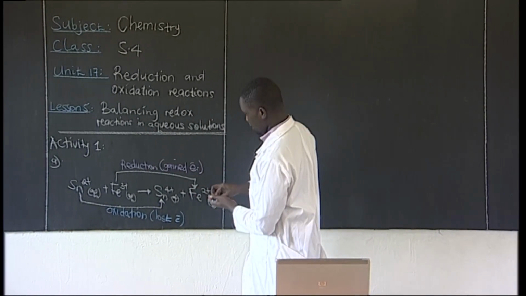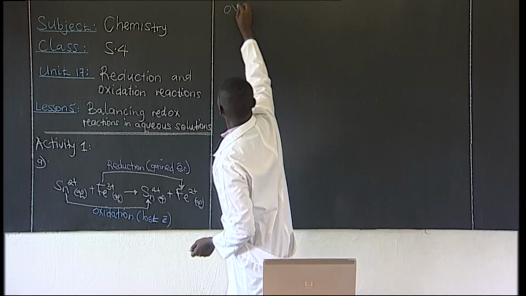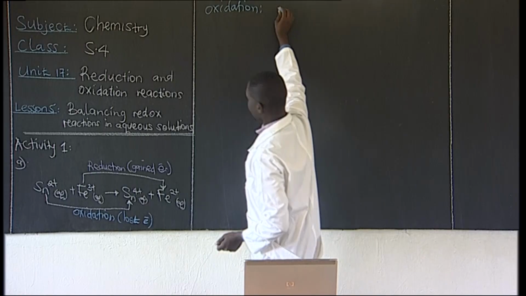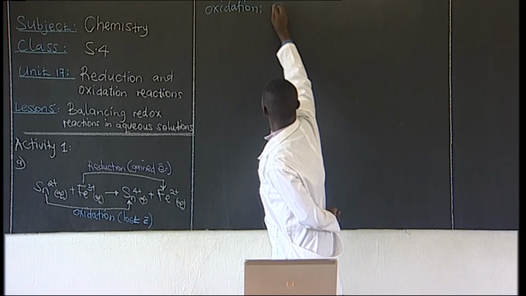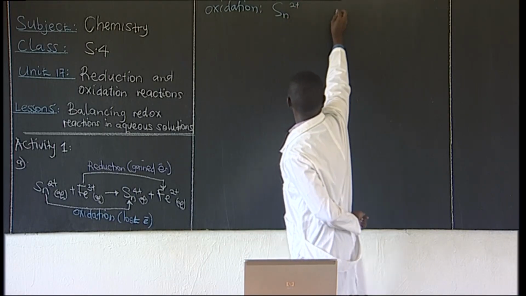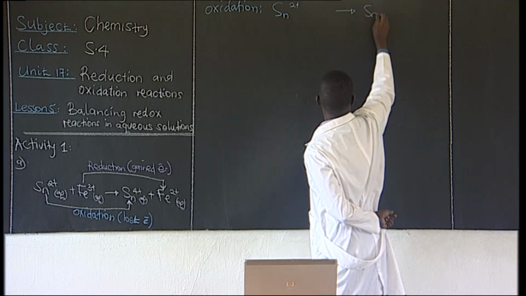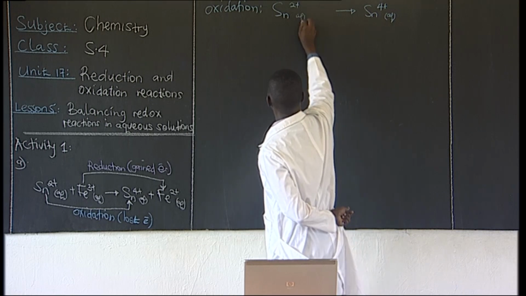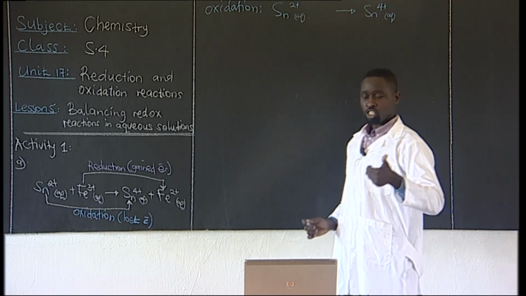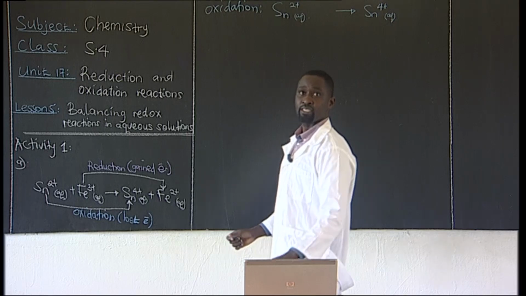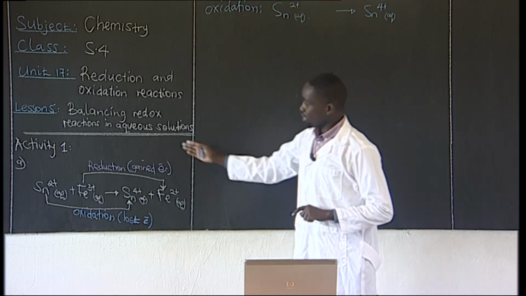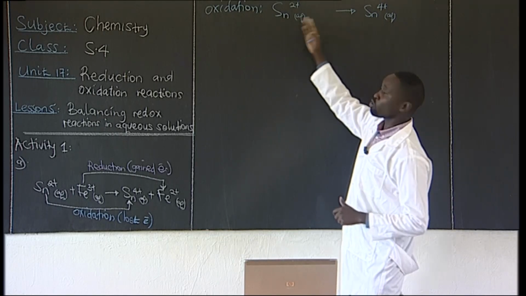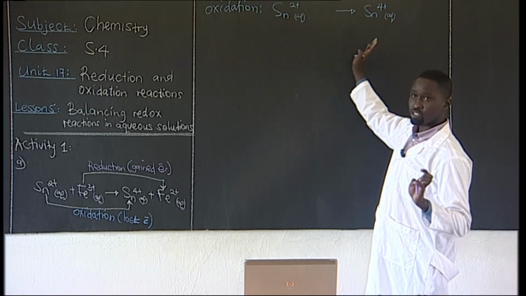In this case, we are going to take the oxidation half equation first. The oxidation side is tin 2 going to tin 4, aqueous. So, the first rule is, after you've identified the reduction and oxidation, balance the atoms. If there is no oxygen, it's okay.